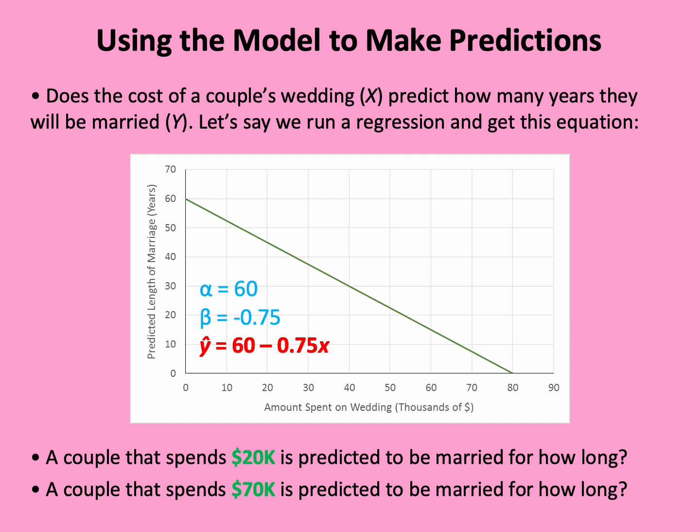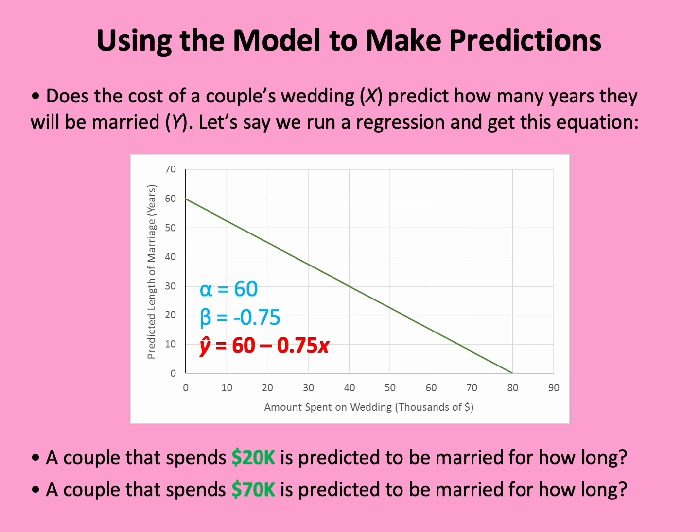So our equation would then be 60 minus 15. 60 minus 15 equals 45. So therefore, we would predict that a couple that spends $20,000 on their wedding would stay married for 45 years.